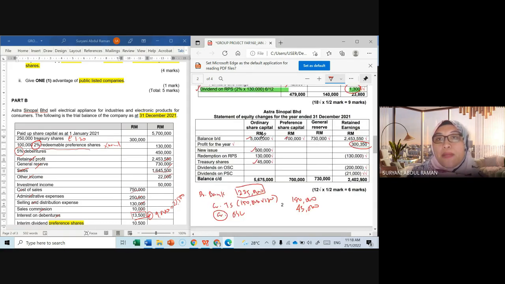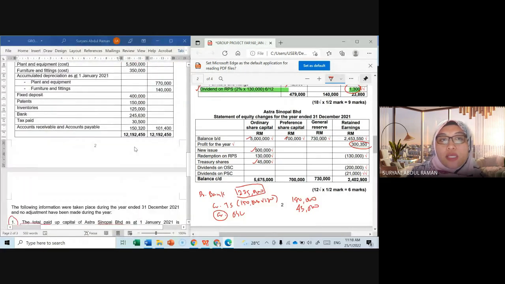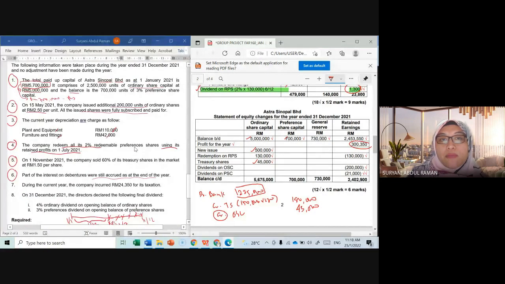Okay, so apa lagi? Kita ada satu lagi transaction yang berkenaan redeemable preference share. Nombor 4.